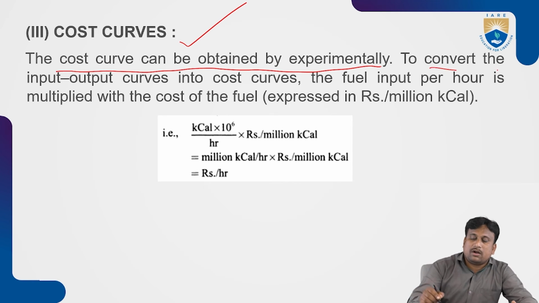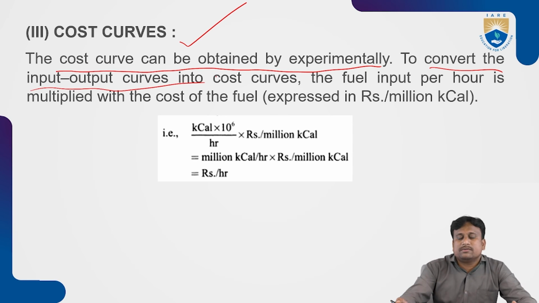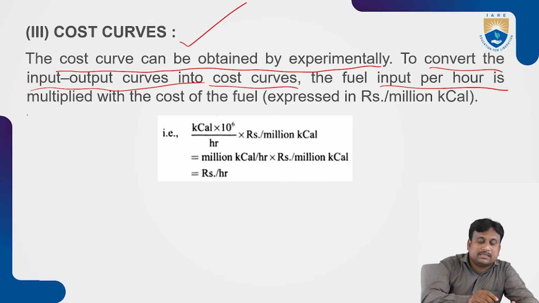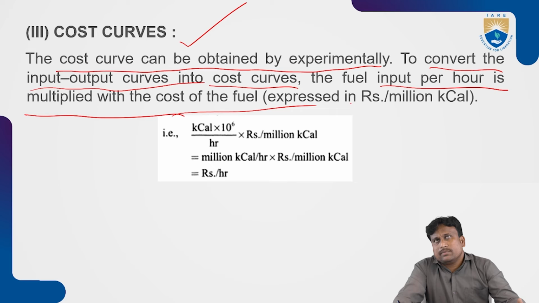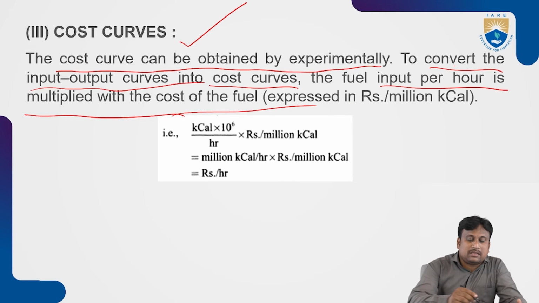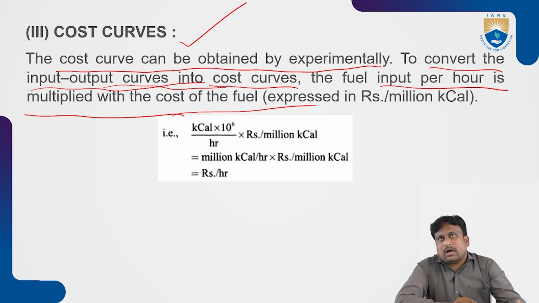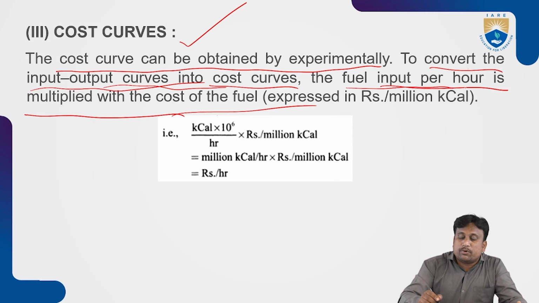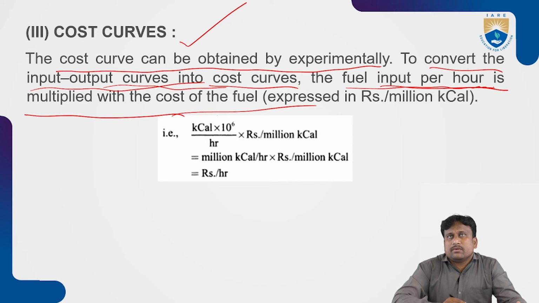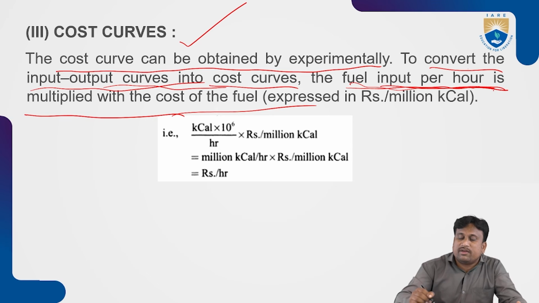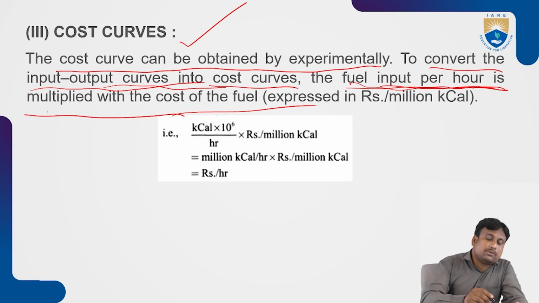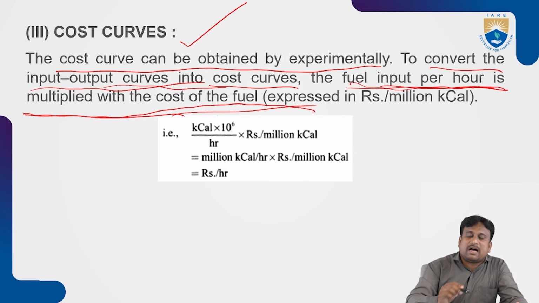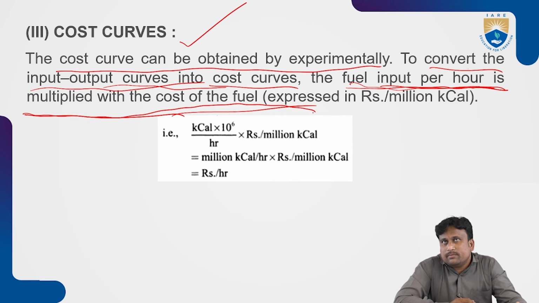To convert the input output curves into cost curves, the fuel input per hour, that is how much fuel you are feeding on an hourly basis, is multiplied with the cost of the fuel.